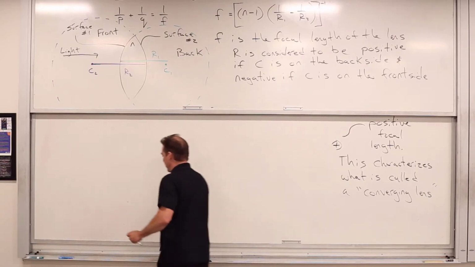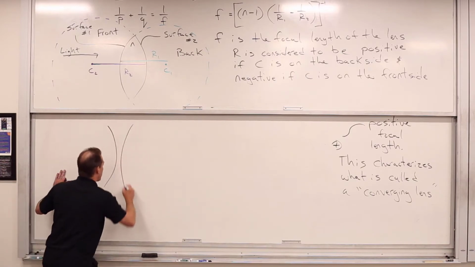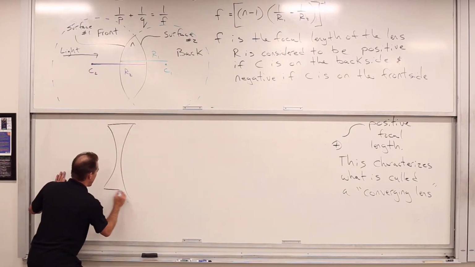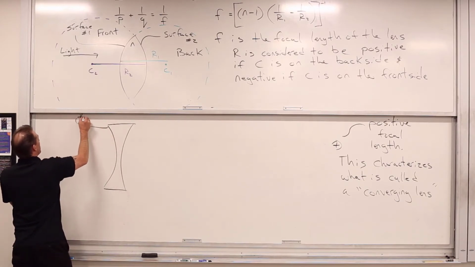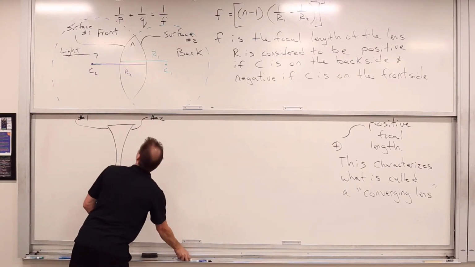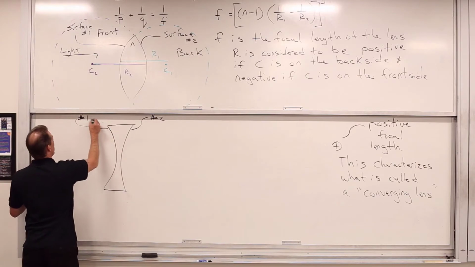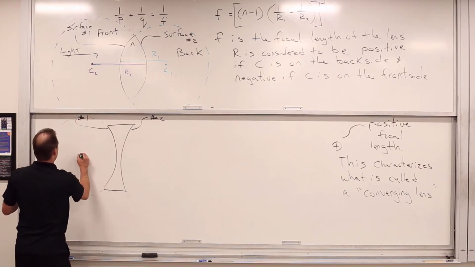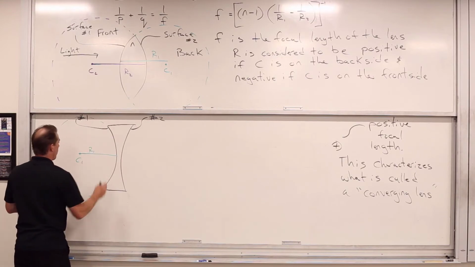Let's look at another one. Take another type of lens here, where we'll make it more like an hourglass shape. Look at its radii of curvature. Take this to be surface number 1, take this to be surface number 2. Here we have some C1 and some R1.